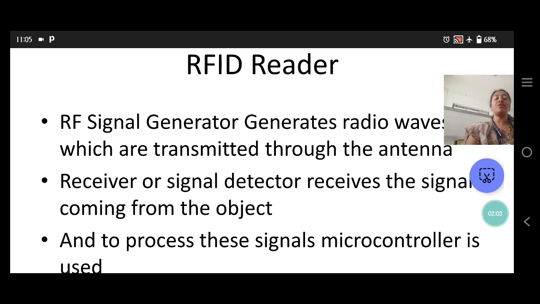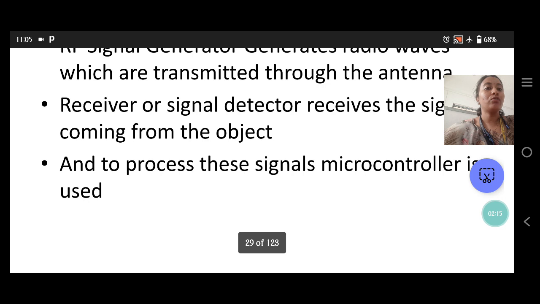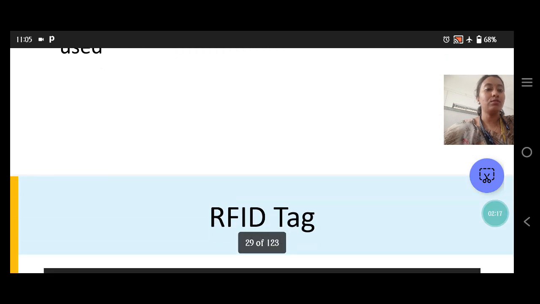The receiver or signal detector receives the signal coming from the object, and the microcontroller is used to process this signal.